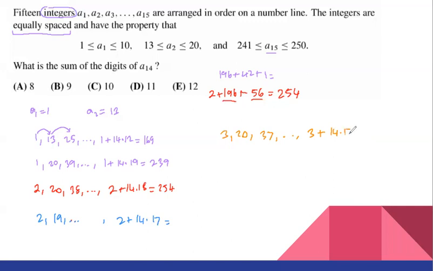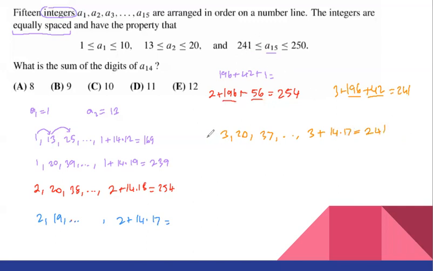Because we are taking a difference of 17. And that is basically 14 times 14 is 196. That will be 3 more 14s, which is 42, but we have 3 in front. So that is 238 plus 3 will be 241, which is really nice because we actually got this guy.